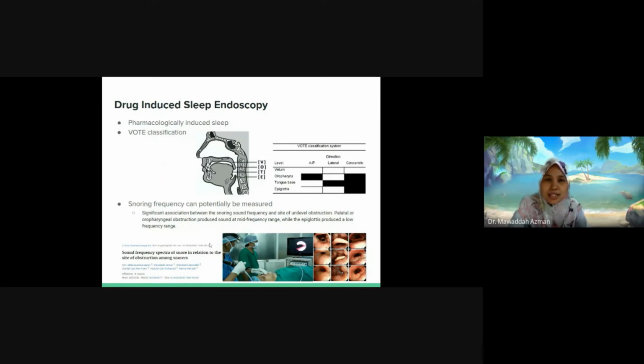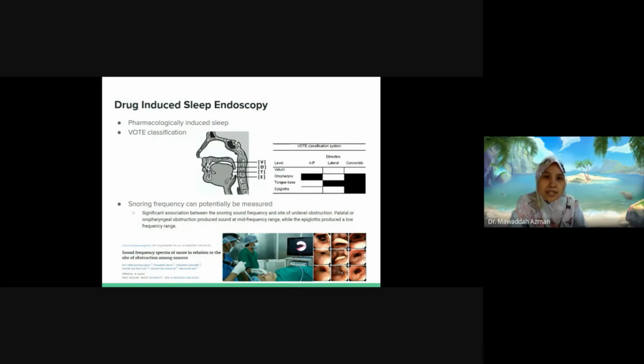Let's talk about drug-induced sleep endoscopy. This modality of investigation has gained popularity in recent years. It has been used to direct soft tissue treatment for patients with obstructive sleep apnea. It has also been used to evaluate patients who have failed certain modalities of treatment, like surgical treatment.